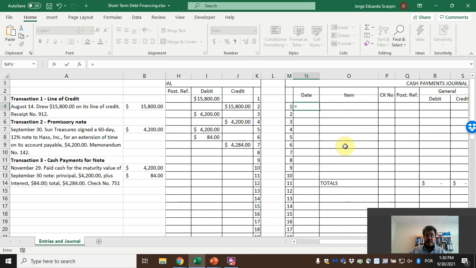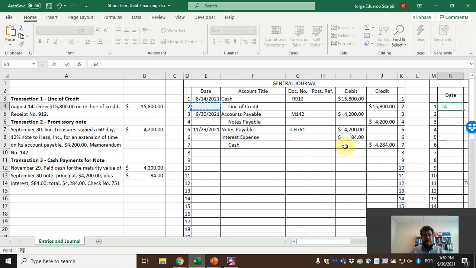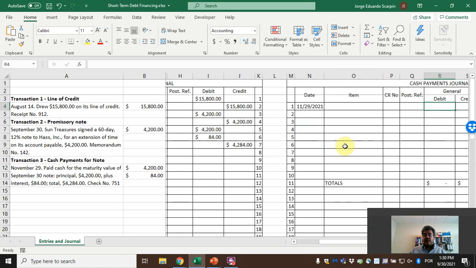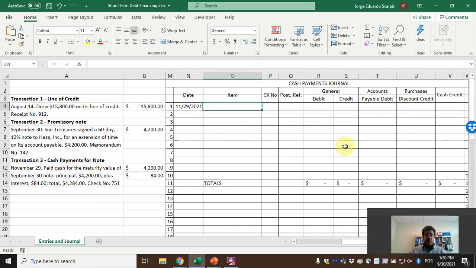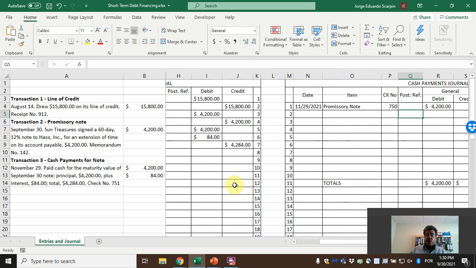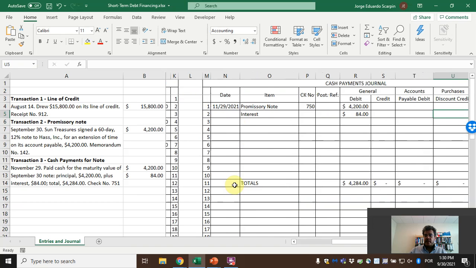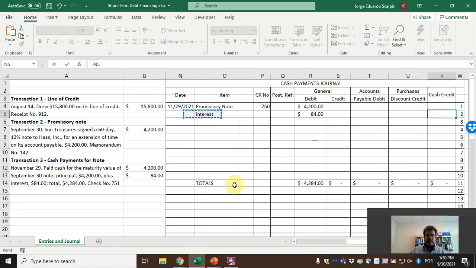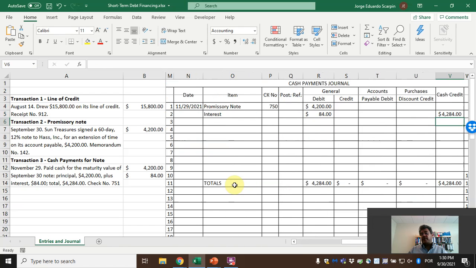So the day, 11/29, and here, what do we have? Promissory note, check number 751, and we are paying on debit 4,200, and also interest. We are paying the additional 84, and on cash credit, the sum of both.